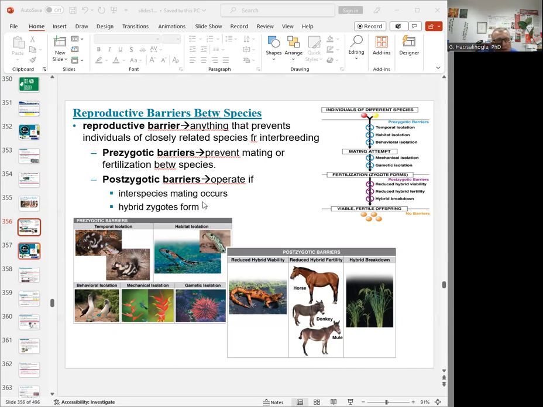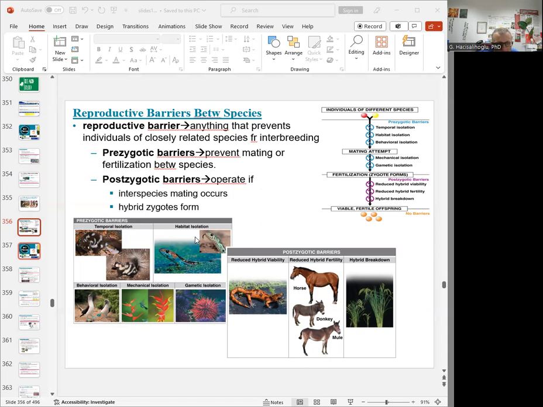Postzygotic barriers occur if interspecies mating occurs and hybrid zygotes form. Then we may see reduced hybrid fertility, like you see in this picture, or hybrid breakdown, like we see in these rice plants.